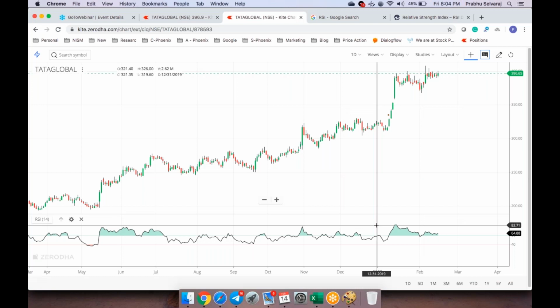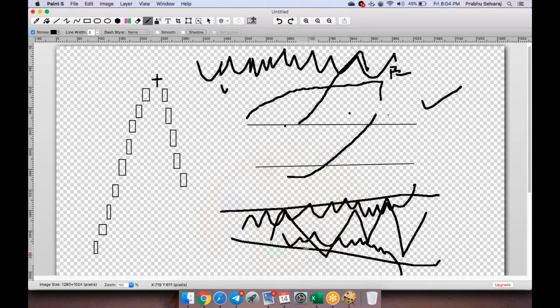Same thing, whichever type you say, entry only on crossing 40, entry only on crossing 60. Again, when it is a sideways market, make an entry only when it breaks 40. But avoid making entry on a shorting opportunity at the 40 zone. You may not get much profit because the stock will reach the extreme overbought zone.